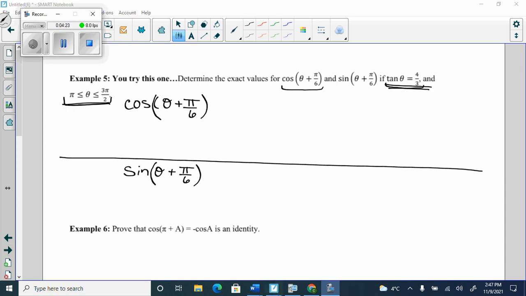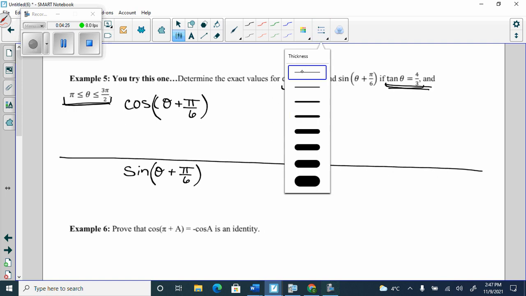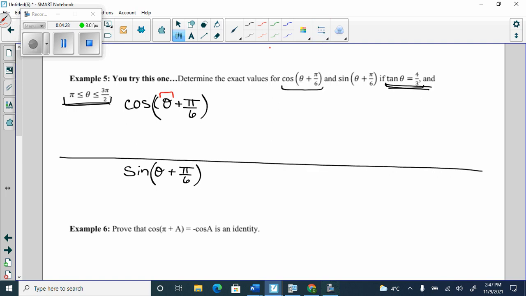So the first thing I want to do, make sure you're following along. So this is A, this is B, okay? So we go to our formula sheet of cos A plus B. So we're going to go cos A, cos B, A, sorry, is theta, cos theta, cos B, which is pi over 6, minus sine theta, sine pi over 6.